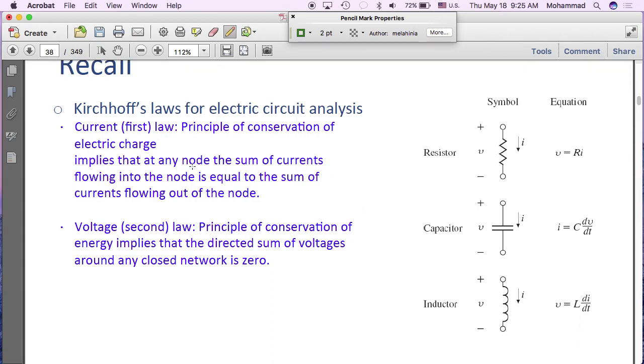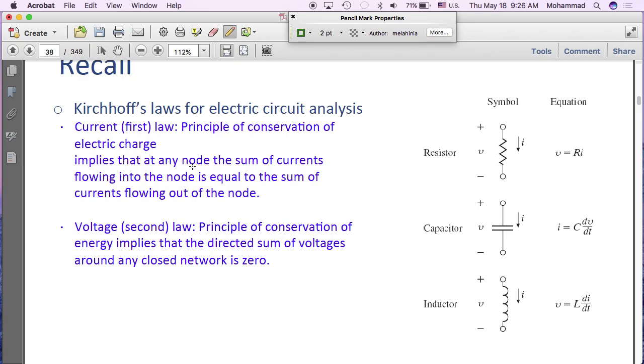You recall that if we are modeling a circuit with main analog components, we talk about resistors, capacitors, and inductors, and two main laws. The first law is the current law. It says conservation of electric charge. If you have a node, the sum of currents coming in is equal to the sum of currents going out.